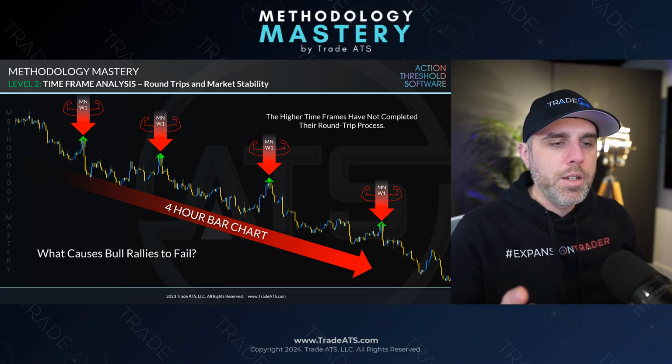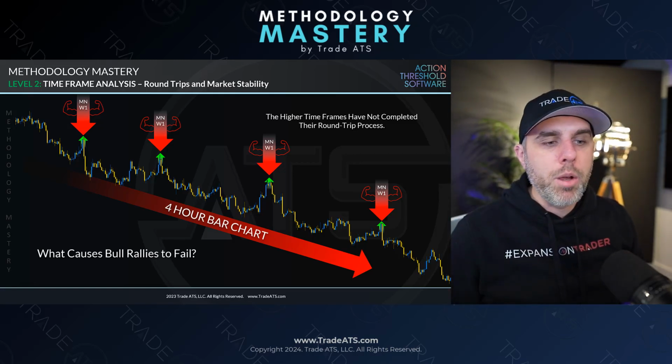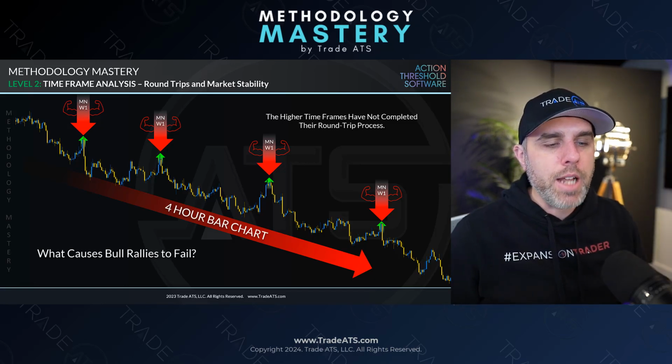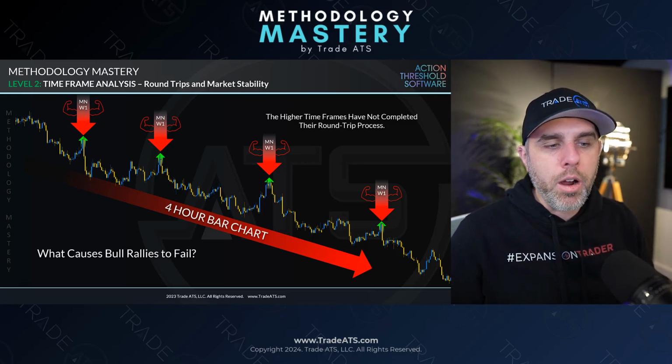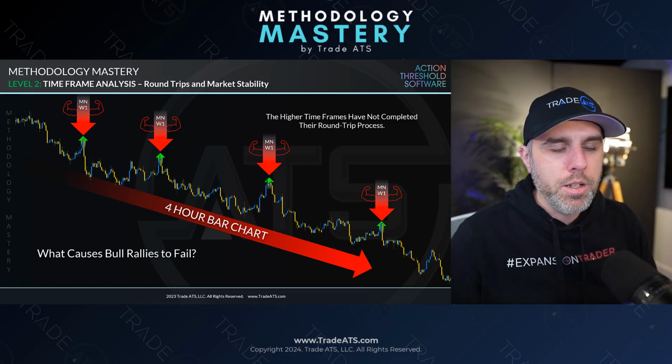All traders need to simultaneously agree. And the most important ones are the higher ones. The higher the time frame, whatever their stable view of the market is and where they are in their round trip process is how far the market's going to turn.